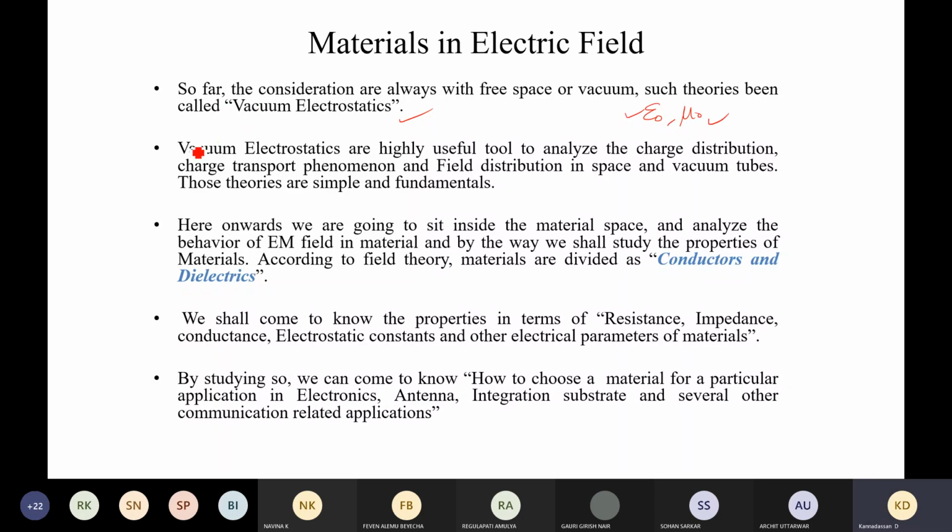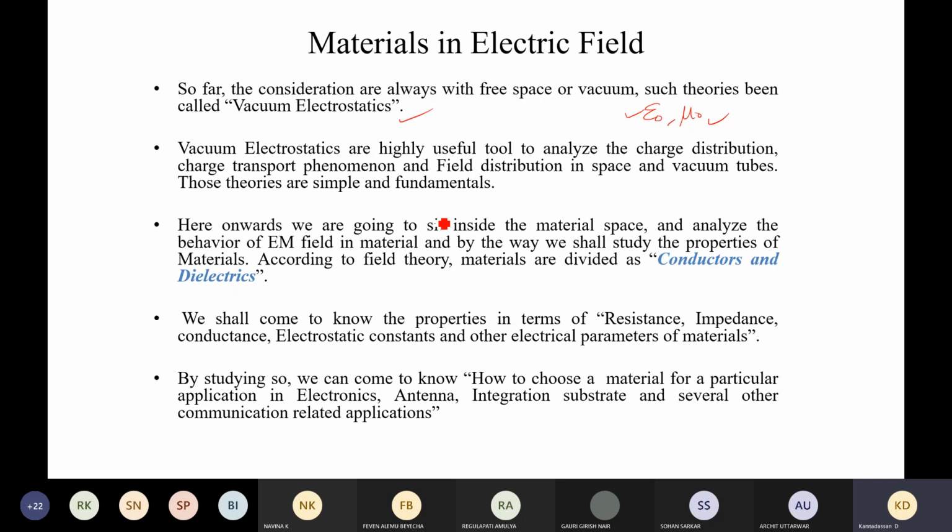In the case of materials, the properties are defined relative to vacuum, and that comes with new properties like the relative dielectric constant and the relative permeability. All of this is going to come.